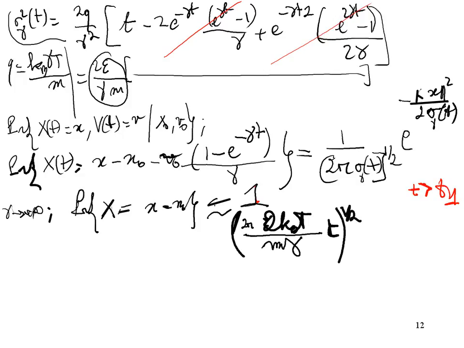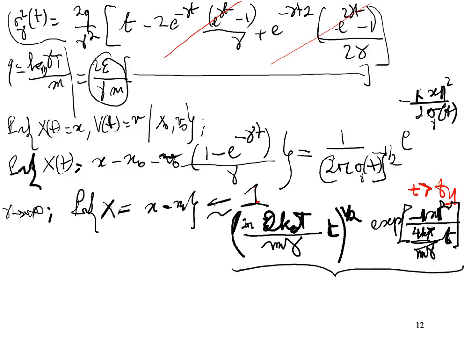And then it's multiplied by the exponential of minus x squared divided by the same quantity that we have seen. I could have written x minus x0 here. This is 4 kB t divided by m gamma multiplied by the time, which is simply the Gaussian.